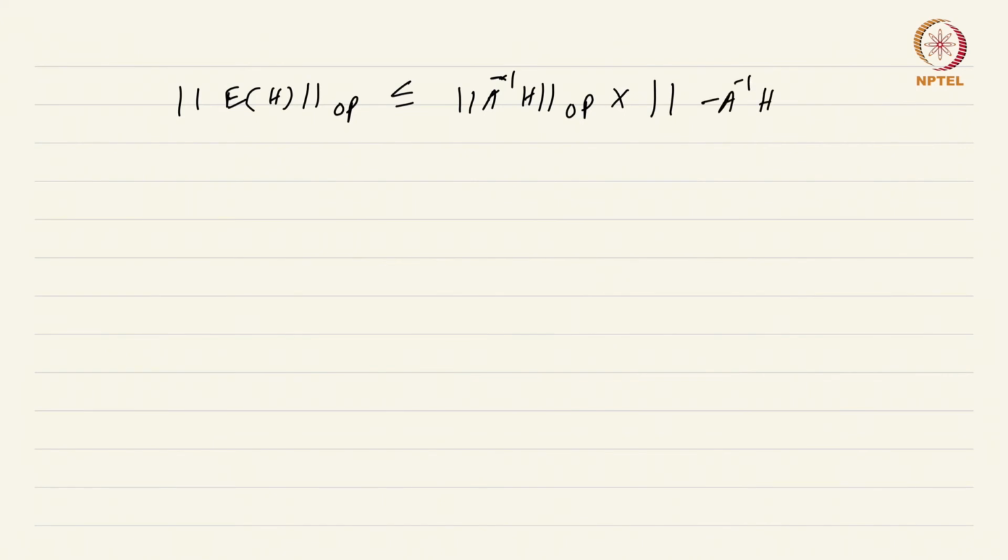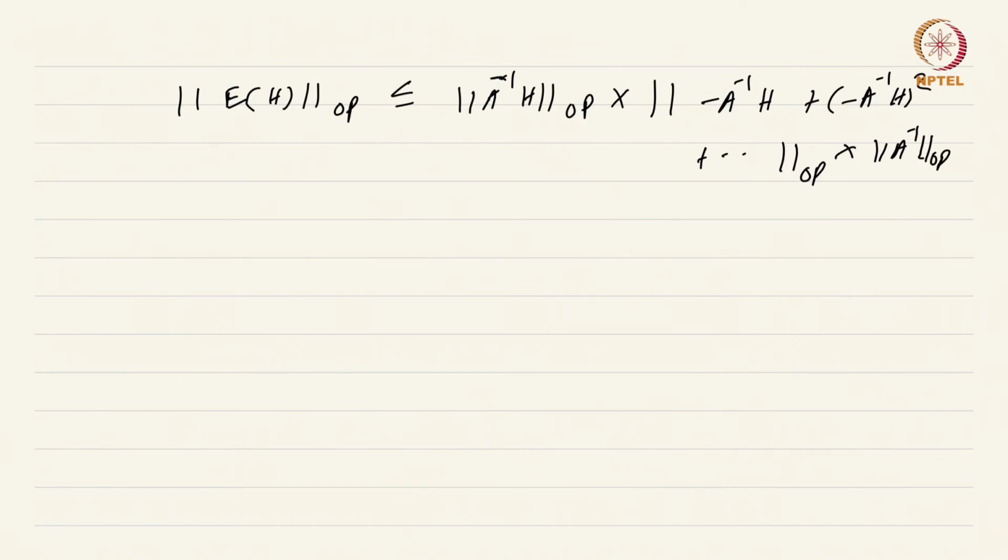So the operator norm of E of H is going to be less than or equal to, using some basic properties of the operator norm, A inverse H operator norm times the norm of minus A inverse H plus minus A inverse H squared plus dot dot dot operator norm, times the operator norm of A inverse.